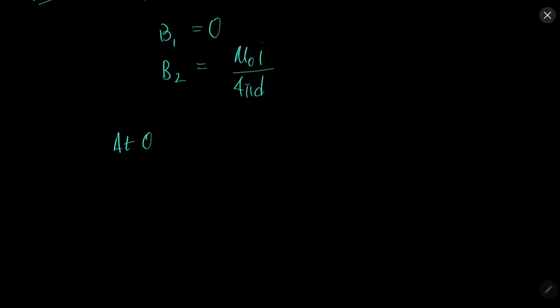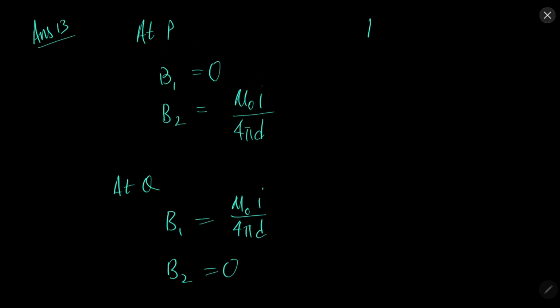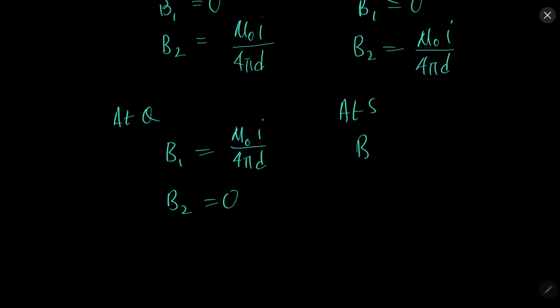Then at Q, B1 will be mu naught I over 4 pi d and B2 will be 0. At R, B1 will be 0, B2 will be mu naught I over 4 pi d. At S, B1 will be mu naught I over 4 pi d, B2 will be 0.